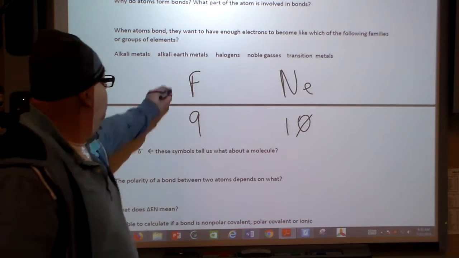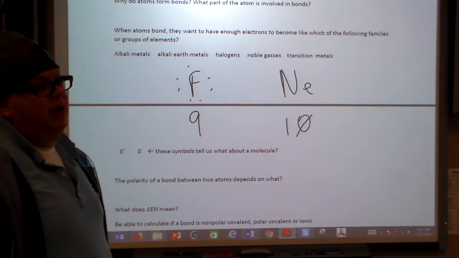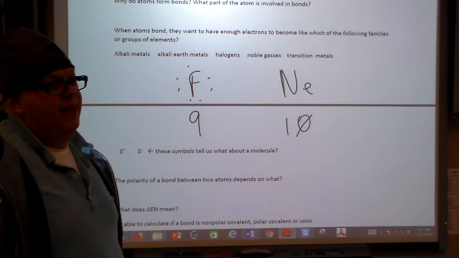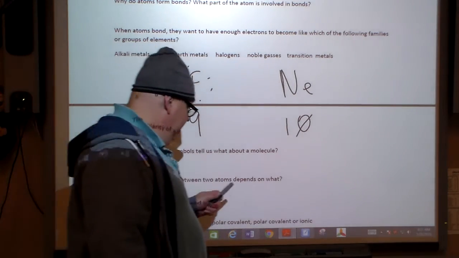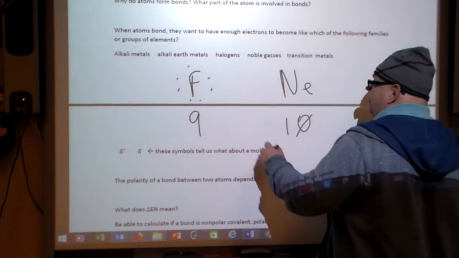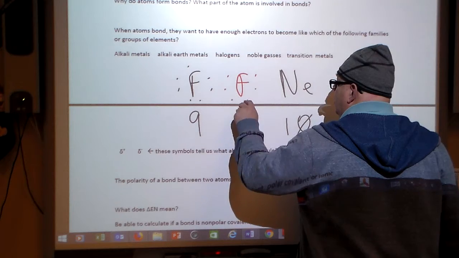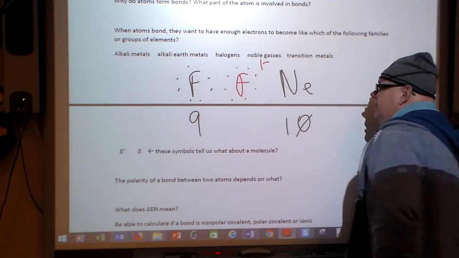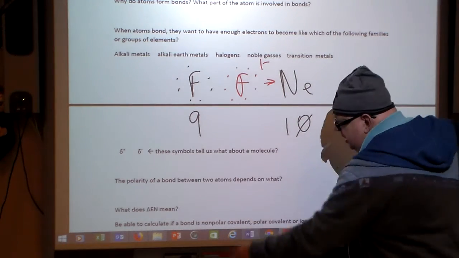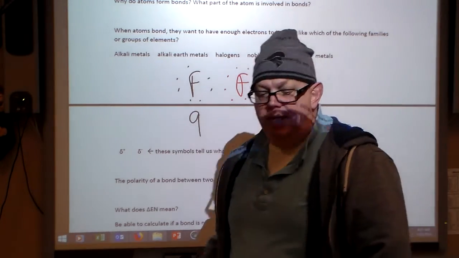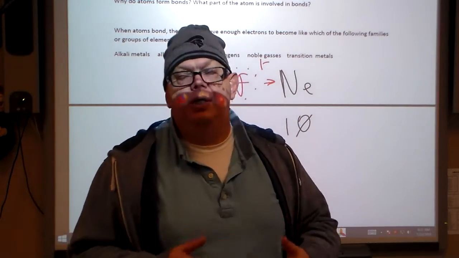Fluorine has 1, 2, 3, 4, 5, 6, 7 electrons in its outer layer. What's the magic number? The magic number is 8. So fluorine picks up that electron. Now it wants to be like neon in that it has its full set of electrons, but it's not going to be neon because it's fluorine, and it's fluorine with a -1 charge.